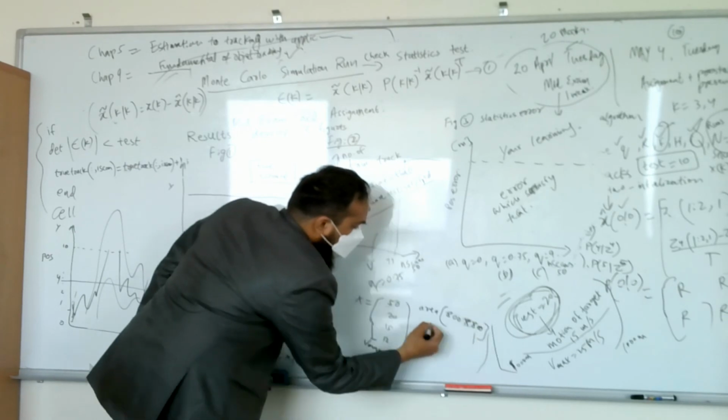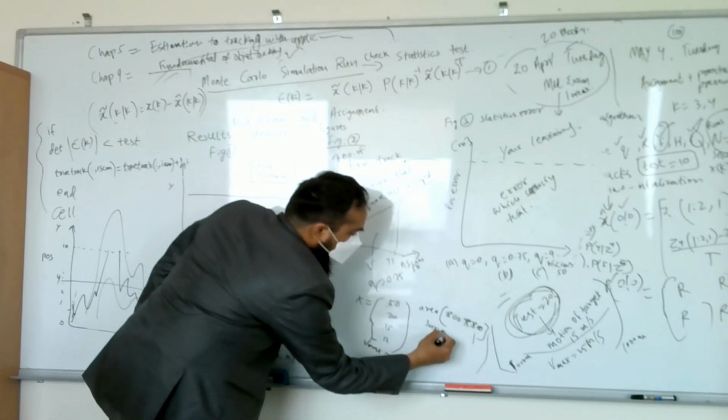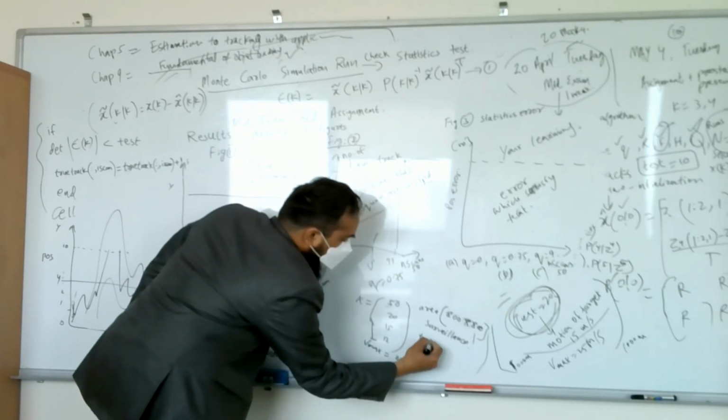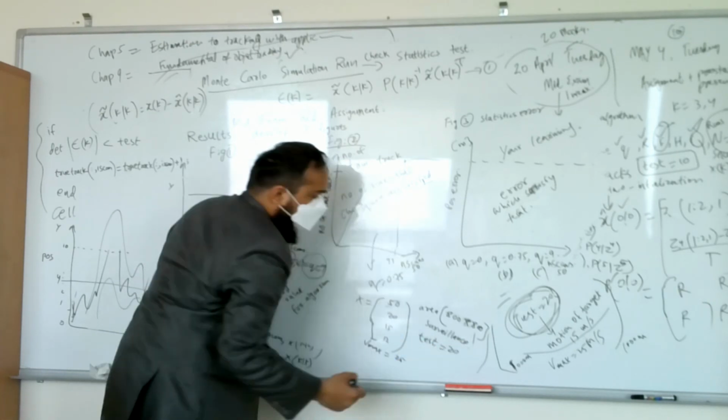The surveillance area, then test equals 20.